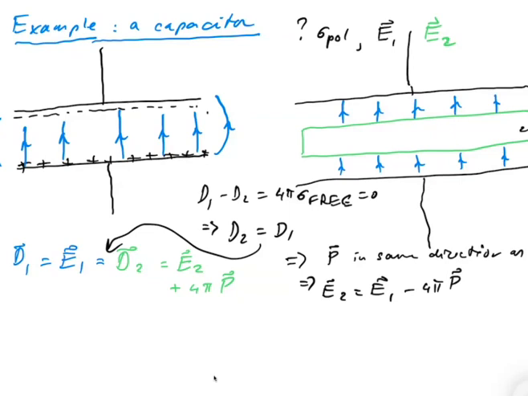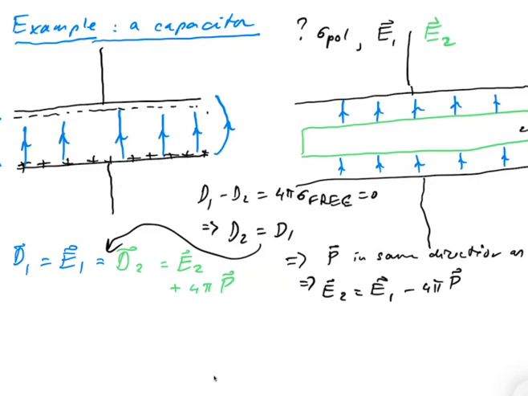So the first thing we do is we use the boundary condition, and the boundary condition is that the difference between the two displacement fields across that boundary must be equal to 4 pi sigma free, but in a piece of glass, there are no free charge carriers. We'll do a conducting piece later.